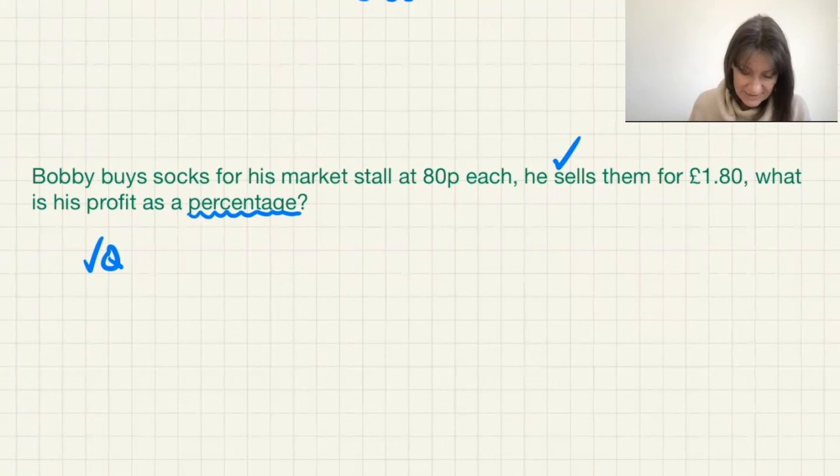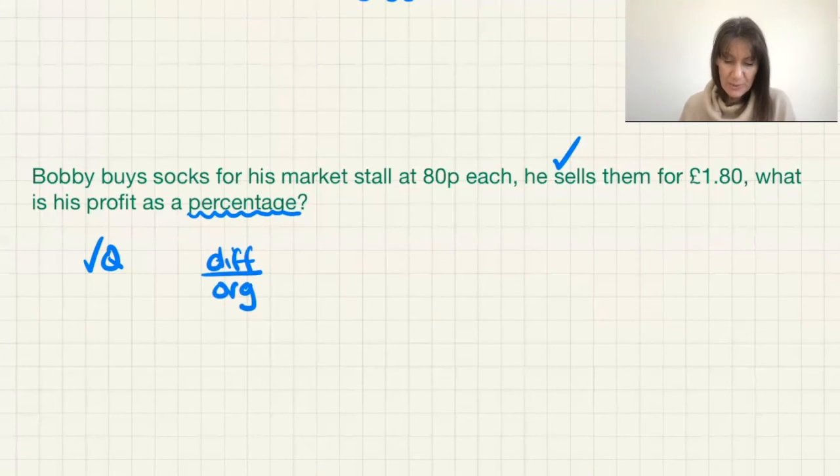When we've got that, the formula is the difference over the original. Now, if I was to put numbers here and here instead of the words, I'd create a fraction, and they don't want my answer as a fraction. They want my answer as a percentage. To change a fraction into a percentage, we times by 100.